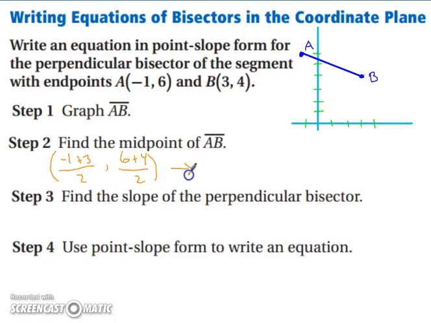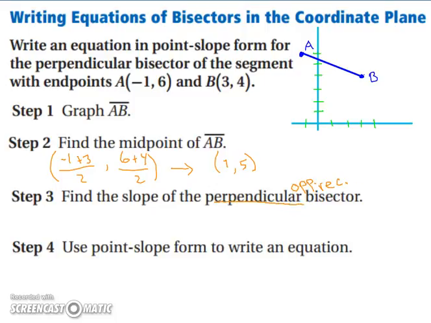And when we do so, we end up with 1, 5. So our midpoint is 1, 5. Now we need to find the slope of the perpendicular bisector. So we first need to find the slope of AB, and then we need the opposite reciprocal, because we want it to be perpendicular.